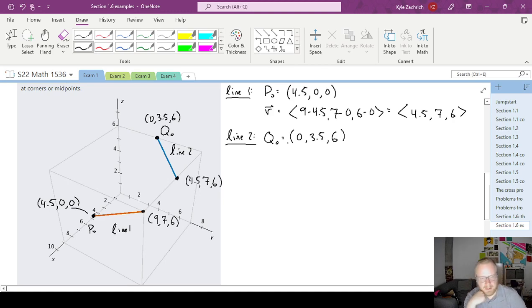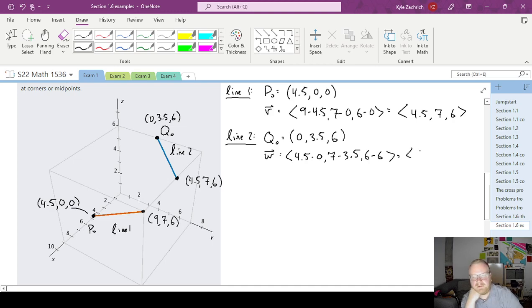Okay, so the vector for this one, let's call it w, just to give it a name. Let's go this minus q naught, so this vector in this direction. So 4.5 minus 0, 7 minus 3.5, and 6 minus 6.